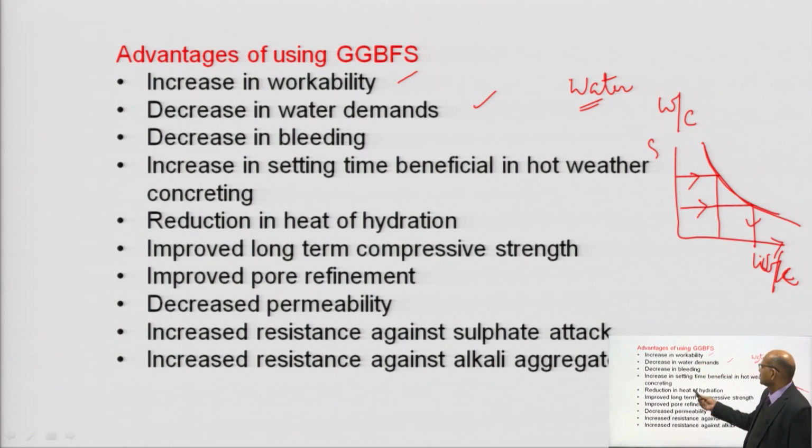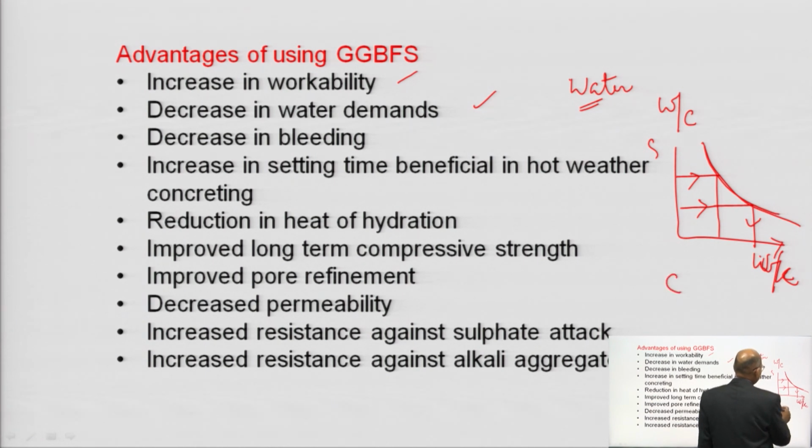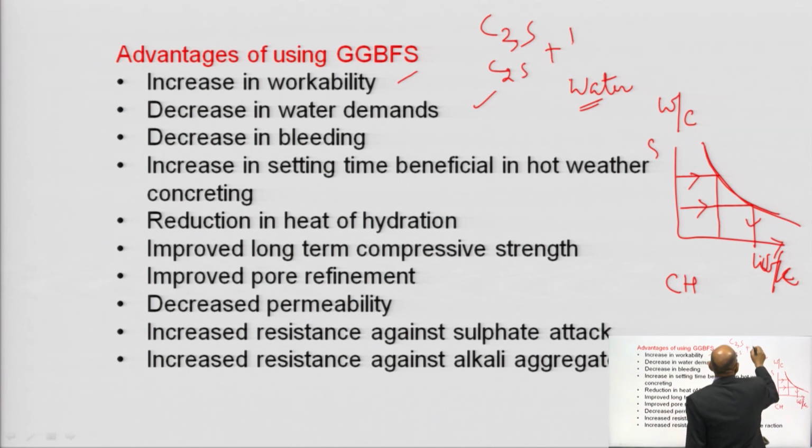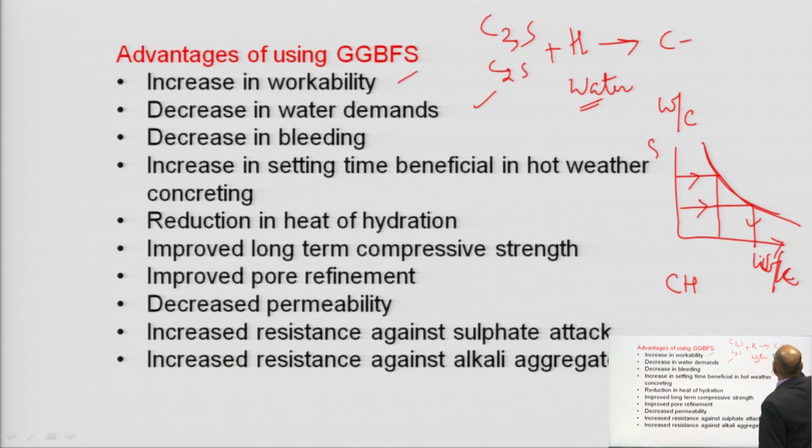Here also you will get an increase in setting time, because here the reaction is slow. If you take cement, we have C3S or C2S. This is going to react with water, and that is going to make CSH gel plus calcium hydroxide.